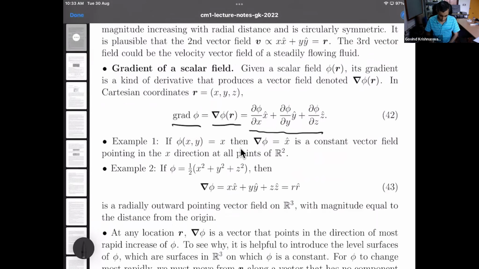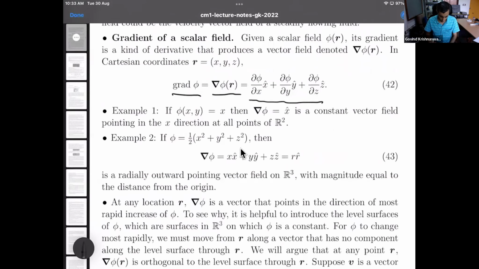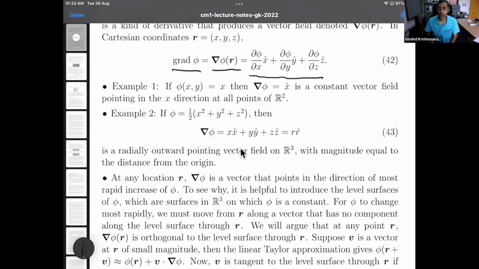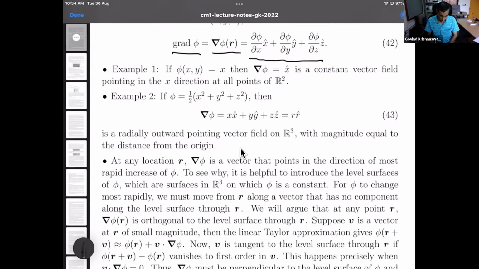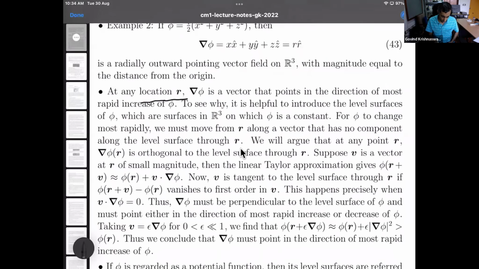We worked out a couple of examples of gradients, and I will give you more in the upcoming homework. And then we introduced a very interesting geometric interpretation of the gradient, which was motivated by the examples. The summary of that was that at any location R, the gradient is a vector that points in the direction of most rapid increase of the function phi.